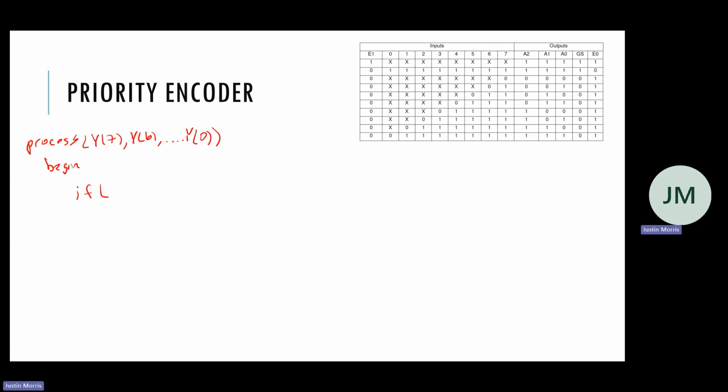So which one should I check first? This is the sensitivity list. So if anything in the sensitivity list changes, then this is reevaluated and changes the outputs. So if you didn't put, say, y of 0 in here and y of 0 changed, it would mean that rather than being purely combinational, this would be latched and it would just stay what its previous result was.